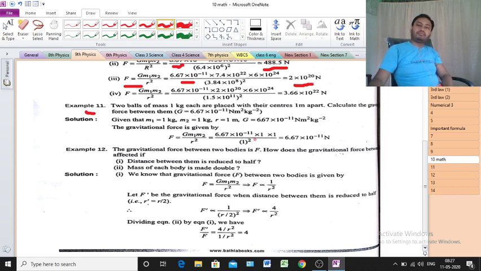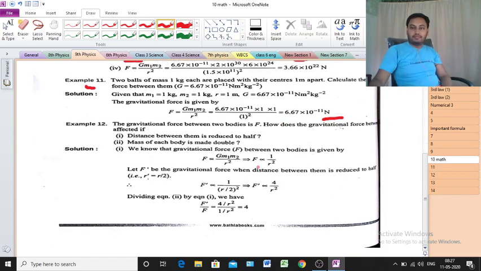Clear? 1 into 1 is 1, and the denominator 1 square is 1, so the answer will be 6.67 into 10 to the power minus 11 Newton. Clear or not? Very simple math. I don't think it is very tough.